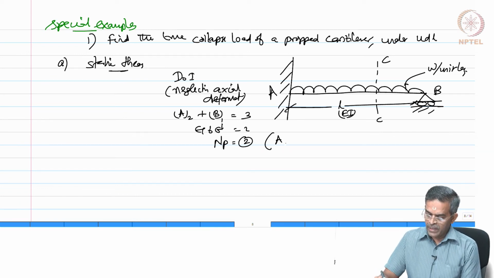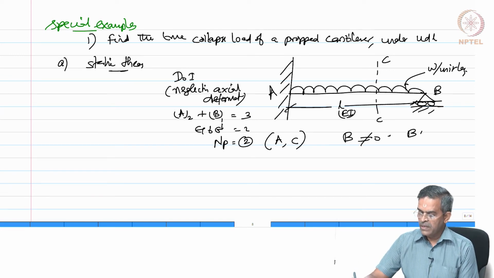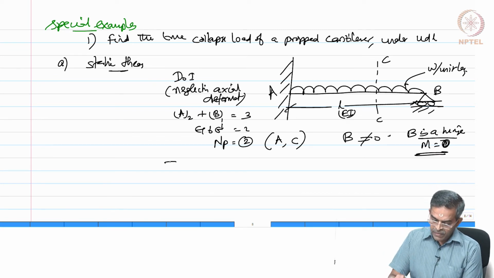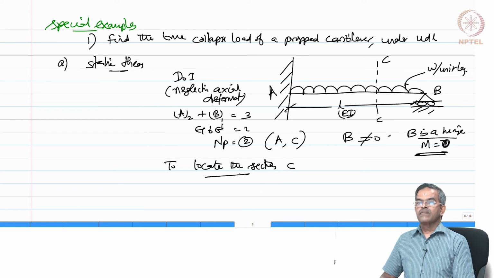They can form at A and they can form at C, they cannot form at B, okay, because B is already a hinge where the moment is 0. So, now it is very important to locate the section C, is it not?